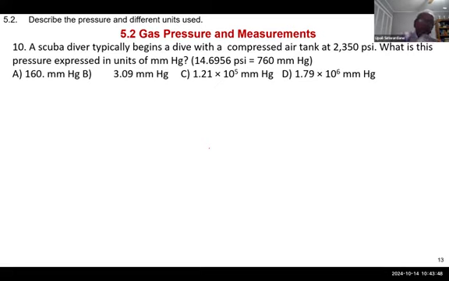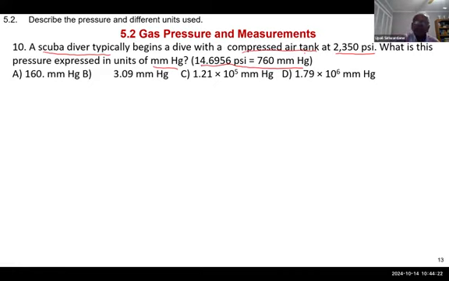A scuba diver takes up a compressed gas air tank, which is at 2,350 psi, pounds per square inch. What is the pressure in millimeter mercury? This is the conversion factor we already talked about on the previous slide. I gave several conversion factors.